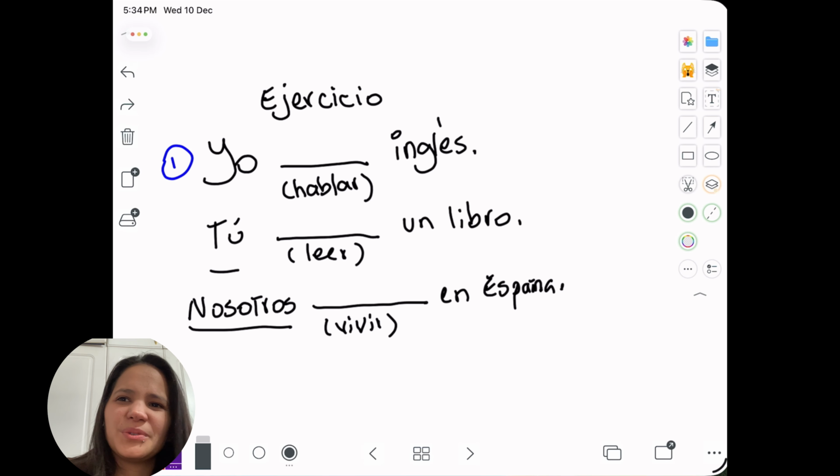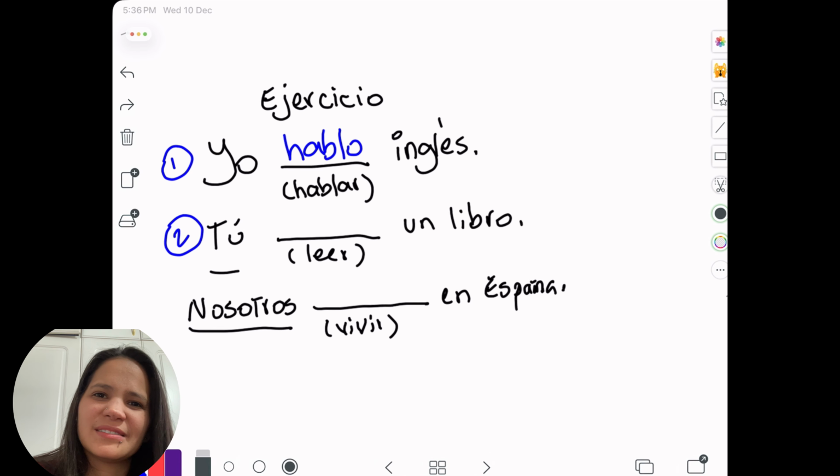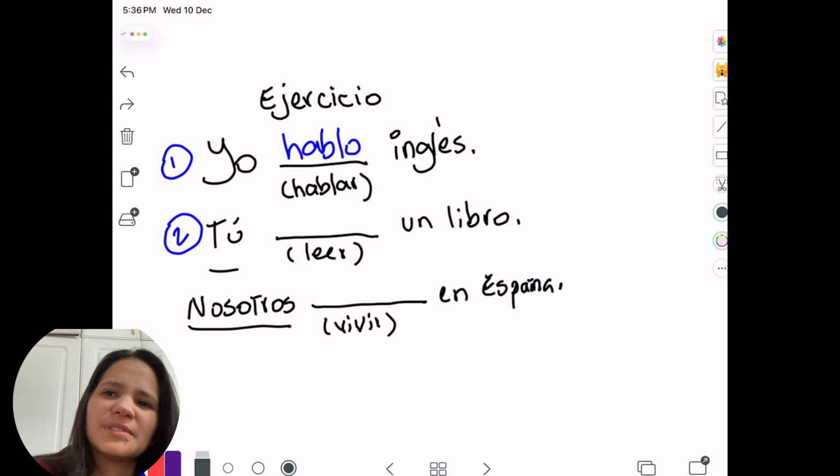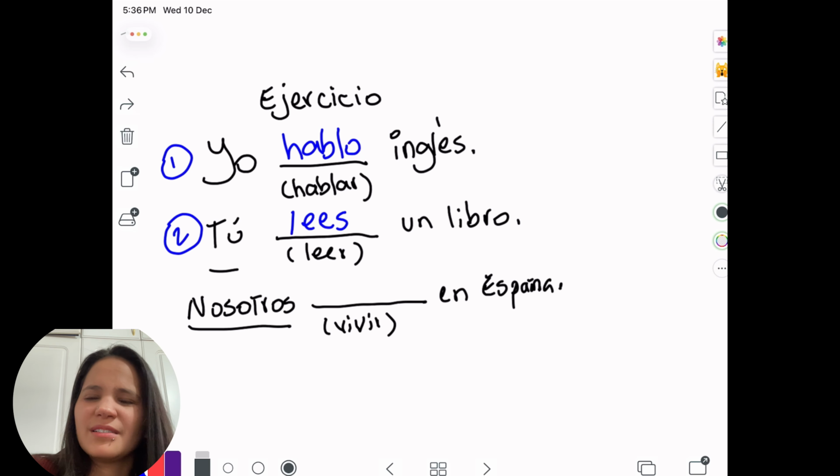All right, so what do you have for the first one? Hablo. Perfect. Yo hablo inglés. How about the second one? Tú. Yes. Lees un libro. How about the last one? Yeah, you got it. Nosotros vivimos en España.